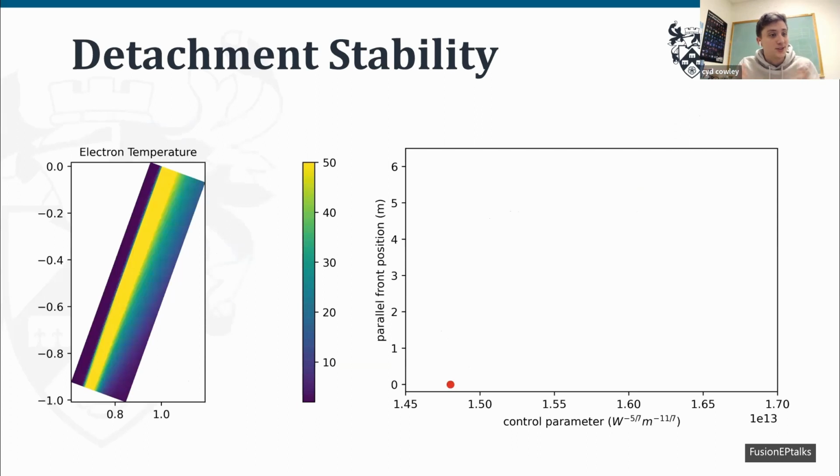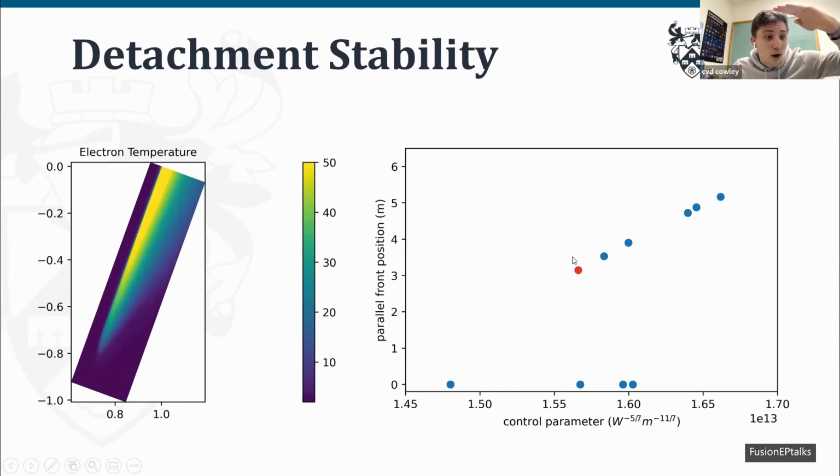And so we asked, does this actually happen in simulation? And indeed, we see that when we're increasing our impurity seeding, these are the sort of results that we get. But when we start to decrease our impurity injection, we see that we can operate with the same control parameter. When we were increasing our control parameter, we were attached. And when we're decreasing it, we're detached to 3 meters off the target.